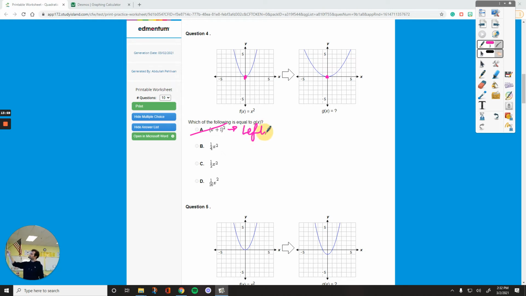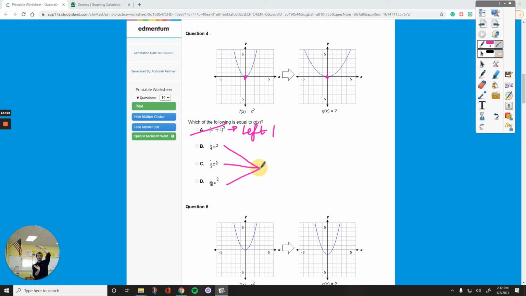That means we are talking about moving it left 1 unit. So all of these are talking about the same thing, because all those fractions, 1/4, 1/2, and then 1/16, are talking about the same vertical, either compress or stretch.